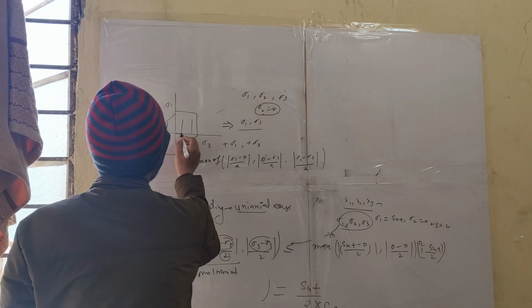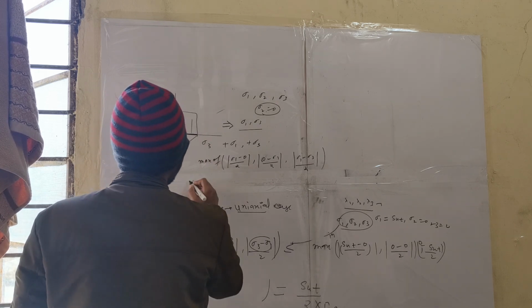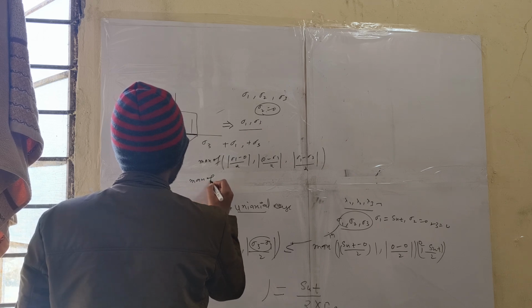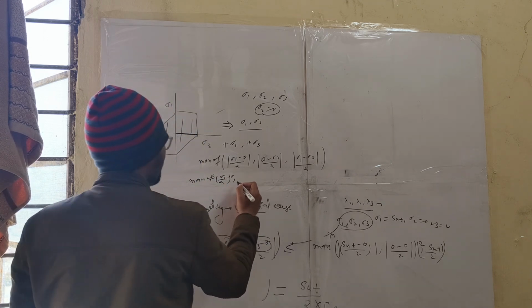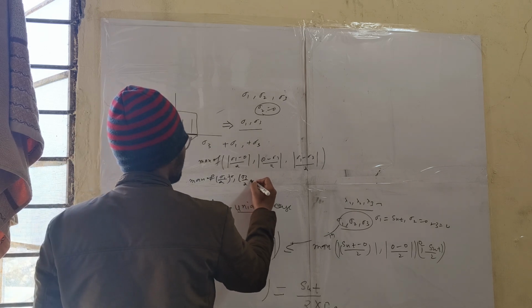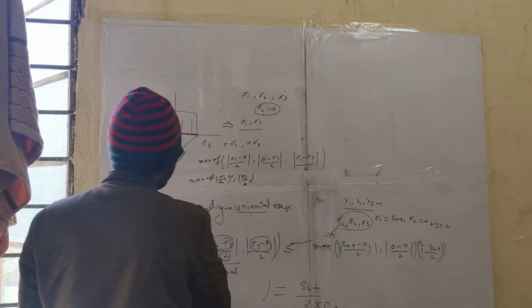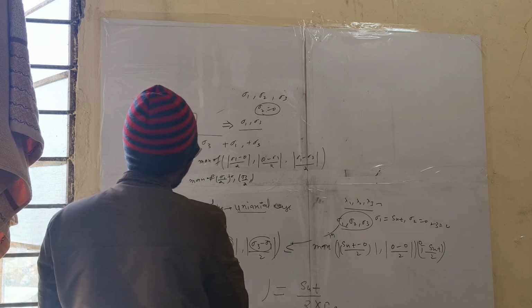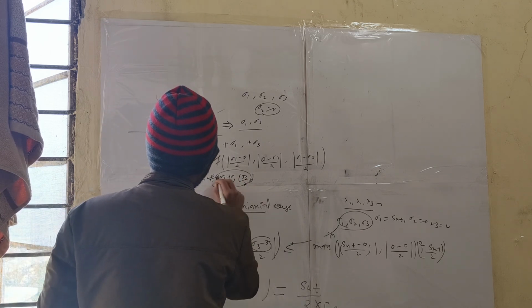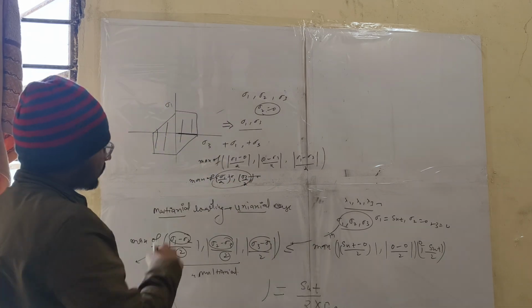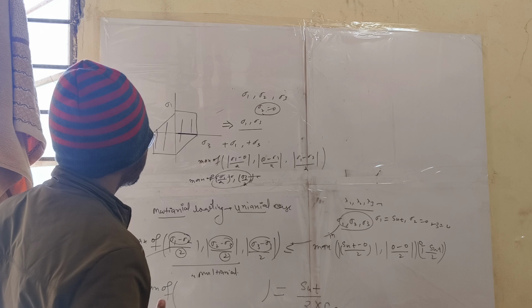You can say the maximum of (sigma 1 minus sigma 3) by 2. The maximum is going to come through these two points.